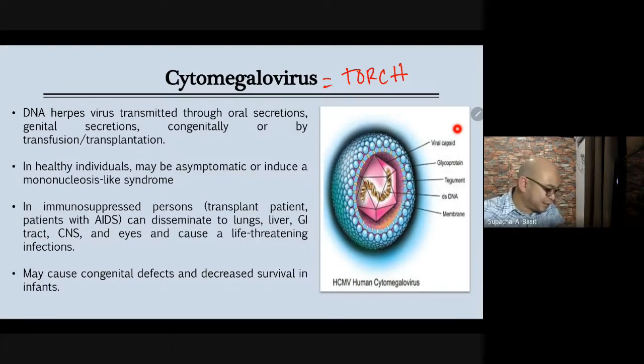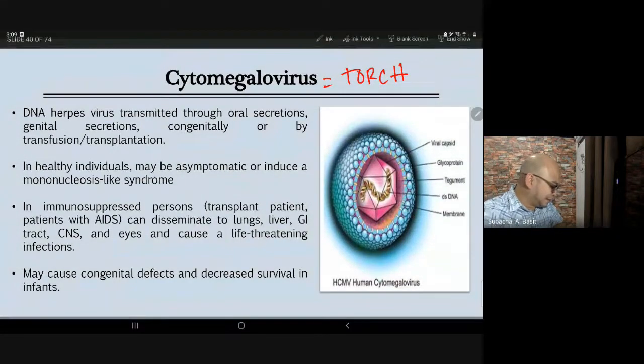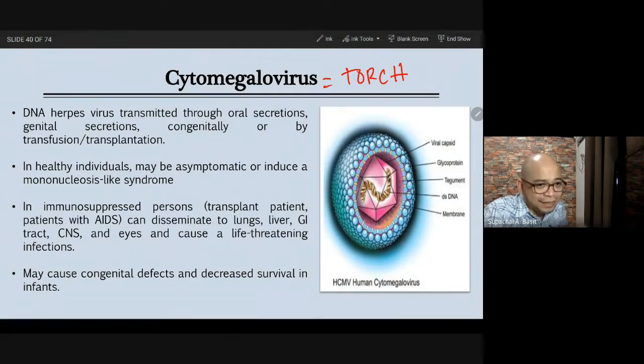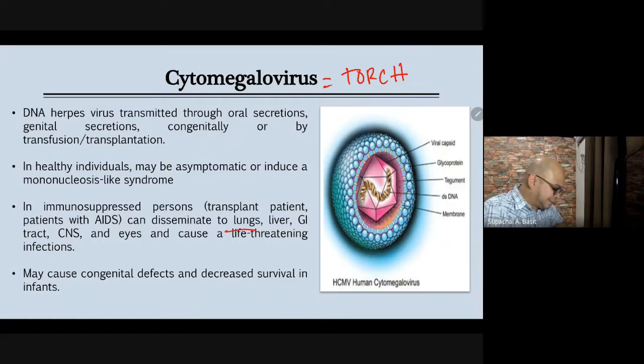In healthy individuals, you could be asymptomatic, or it may mimic a mononucleosis-like syndrome. However, for those individuals with HIV or AIDS, it can disseminate to the lungs, liver, gastrointestinal tract, central nervous system, and eyes, and cause a life-threatening infection. Why? Because for immunosuppressed persons, or persons with a debilitated immune system, the infection has become systemic.